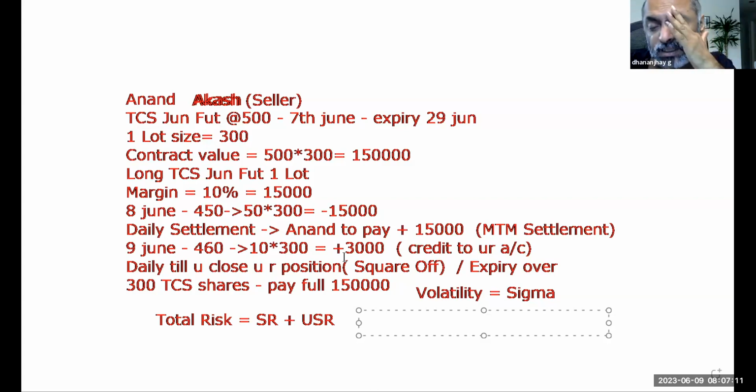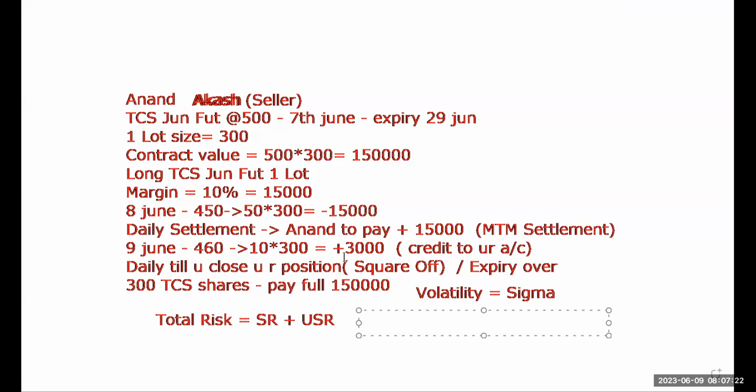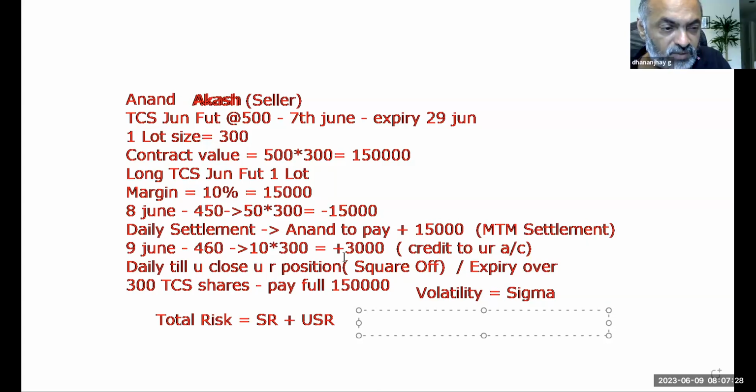Yeah, sometimes they adjust. Even if they adjust, they will not change it for the existing contracts. Okay, sir. Suppose I want to change it to 100. If the exchange wants to change it, it will say that from October onwards, the lot size will be 100.